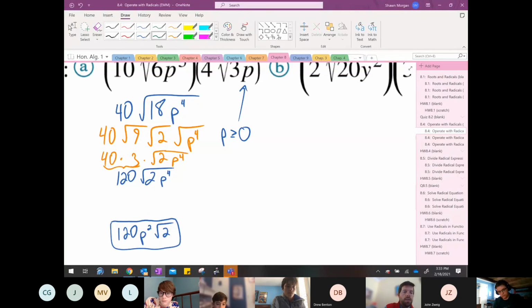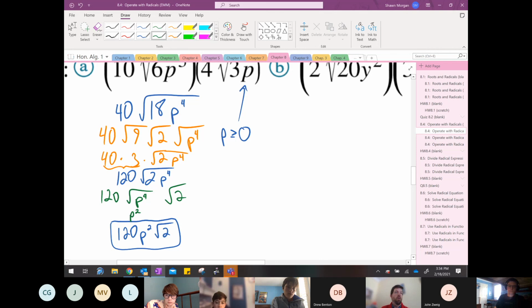So if we split it up in this case, we got the 120, that's cake. We got square root of 2 at the end. So here we got square root of p to the 4th, right? Now, much like the square root of 9, 9 being a perfect square, I could just simplify that to straight up 3, because 3 times 3 equaled 9. I can do the same thing with square root of p to the 4th, because p squared times p squared equals p to the 4th.